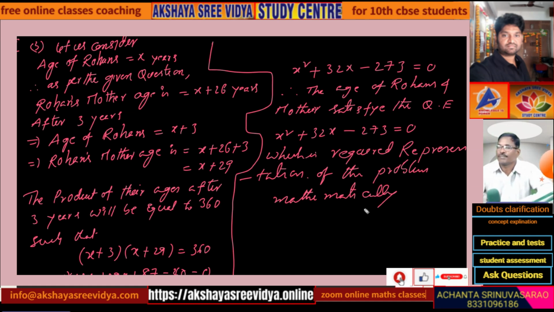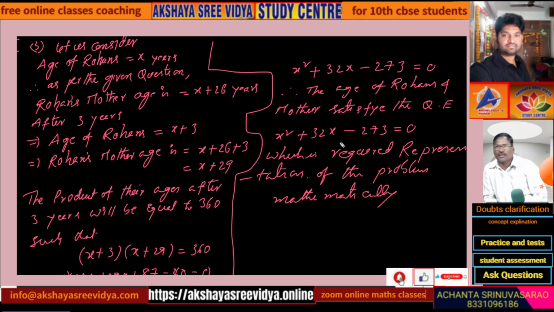What is that here? Rohan's age is x, but mother's age is x plus 26.